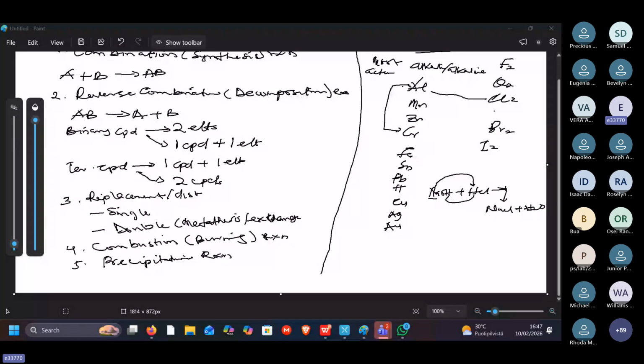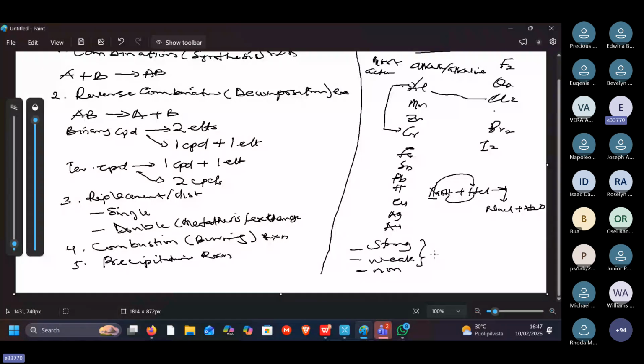We mentioned that once you are creating ions, they are creating what we call electrolytes. That's the possibility of allowing electricity to pass through them. Now we can have the strong electrolyte, weak electrolyte, and then the non-electrolyte.